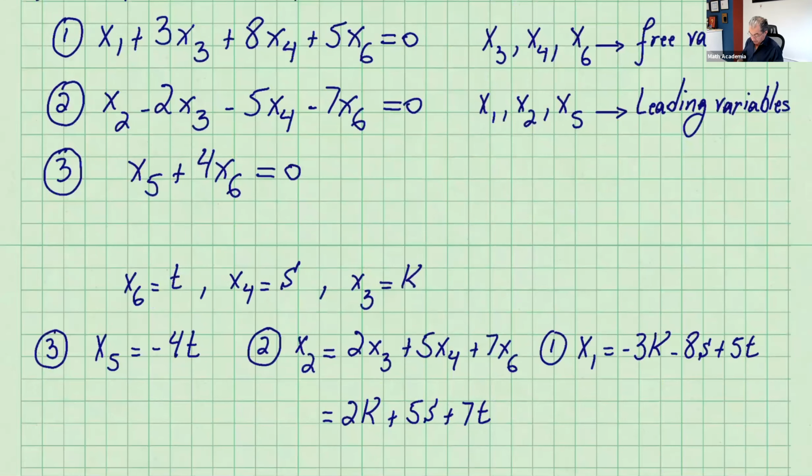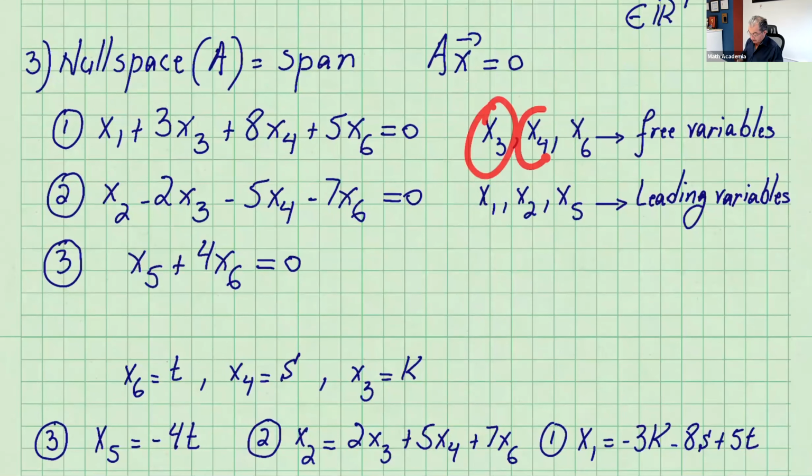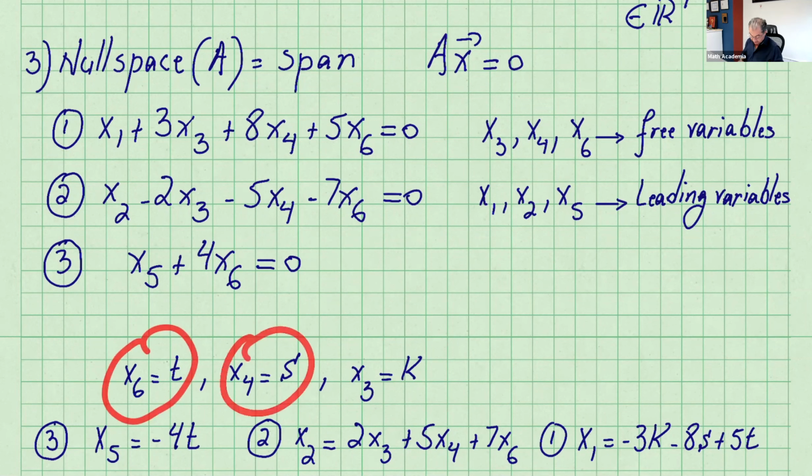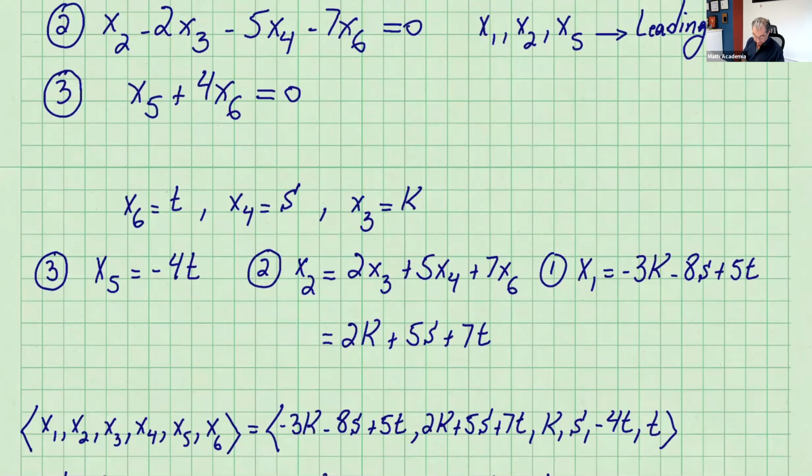Now we saw x3, x4, and x6 are our free variables, so we can put parameters for those. The leading or basic variables are x1, x2, and x5. I call x6 t, x4 s, and x3 k. From equation 3, we know that x5 will be negative 4t, because it's negative 4x6. From equation 2, isolate x2 and substitute those.